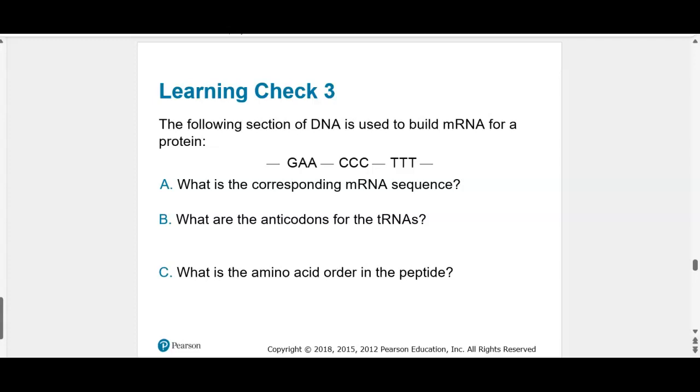What are the anticodons for the transfer RNAs? Well, the anticodon is going to be similar to the DNA sequence.